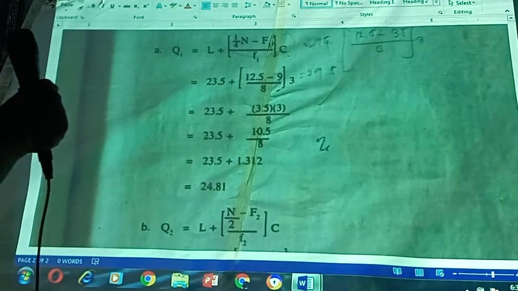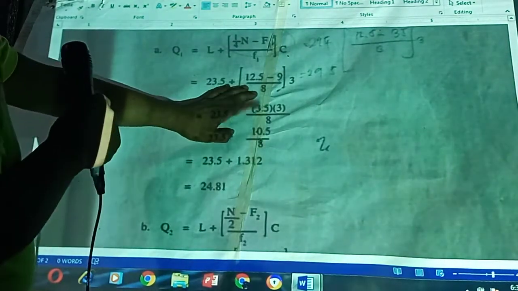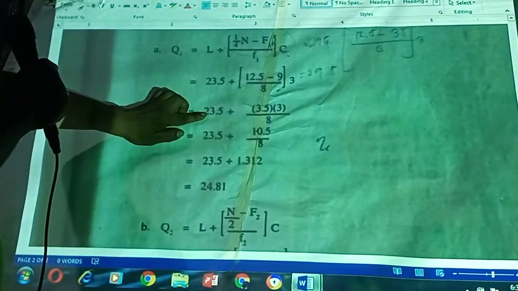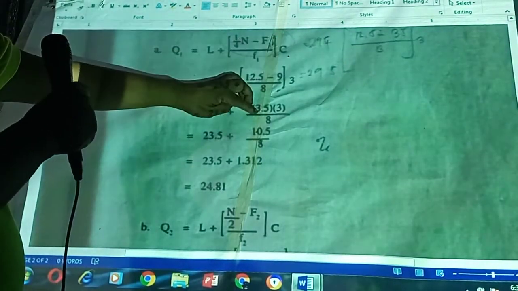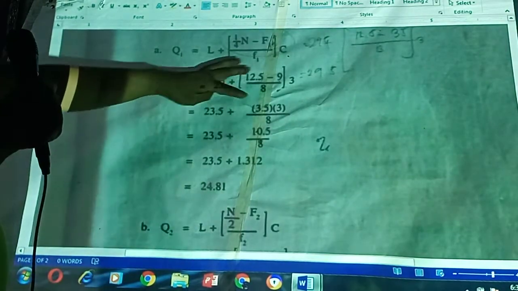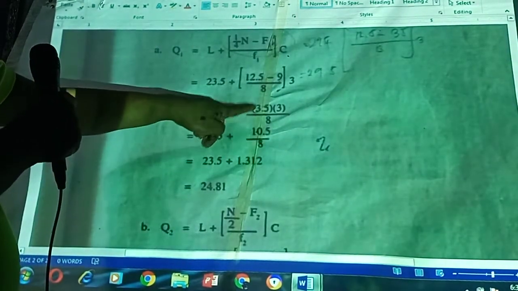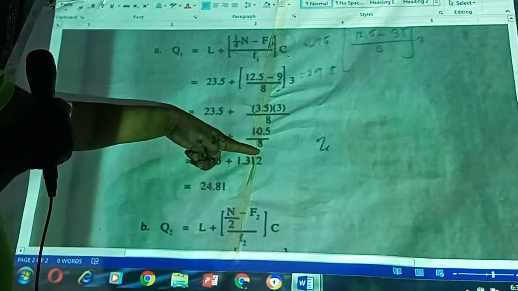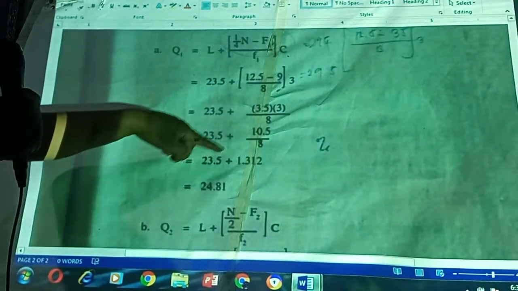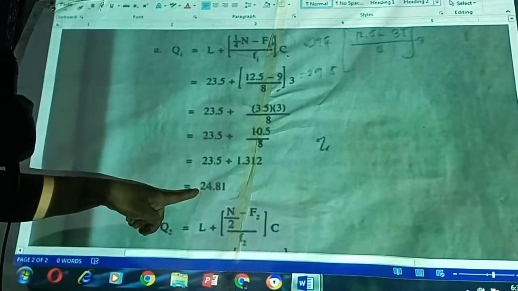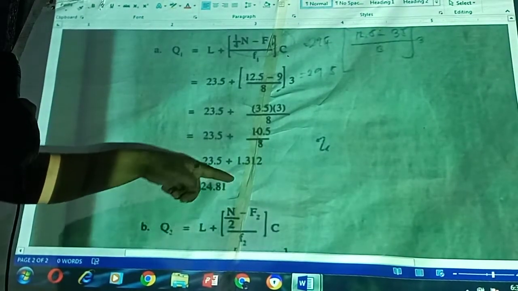So 12.5 minus 9 is 3.5, times 3 is 10.5, divided by 8 is 1.312. Then add 23.5, and the first quartile is 24.81.